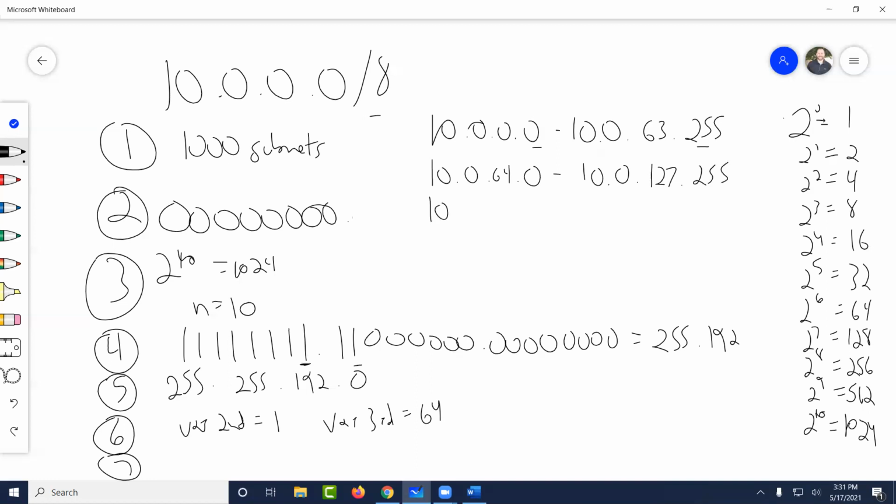And then it would be 10.0.128.0 to 10.0.191.255. Then 10.0.192.0 to 10.0.255.255. Now, what do you think the next subnet would be?